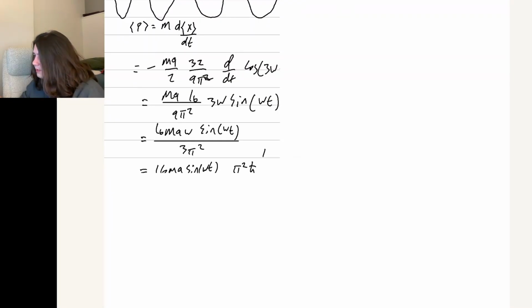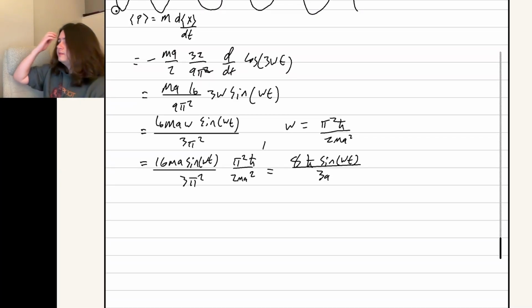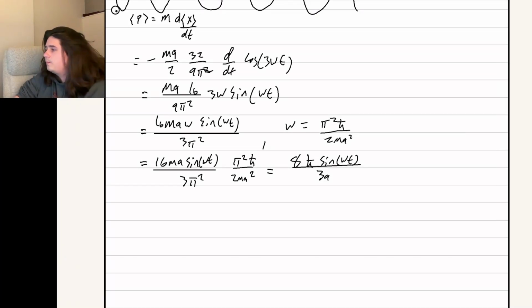That's our momentum. And the problem also asks what are the possible values for the energy when you actually measure this. It's going to be E1 and E2, right? Those are the possible ones because it's a wave function which is just a combination of the first two energy eigenstates. If it was a sum over all of the energy eigenstates, like an actual particle in a box, then you can have any energy.